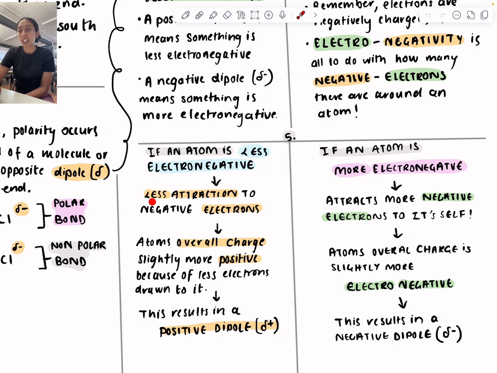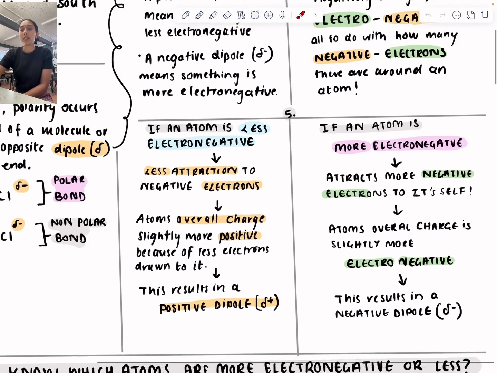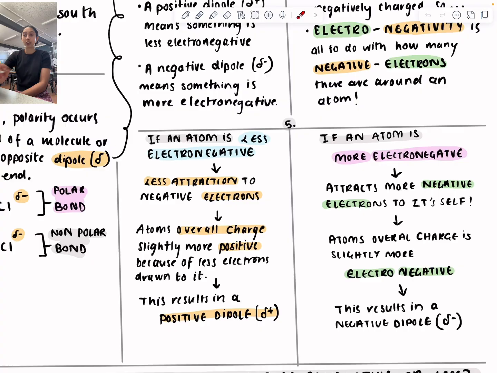It has less attractive ability. It has less Rs or whatever. So it has less attraction to negative electrons. And so because it's not able to attract electrons that well, that means that overall, the charge of this atom is going to be slightly more positive.